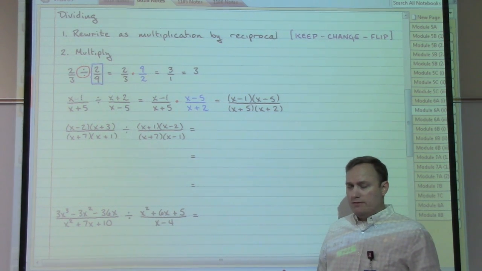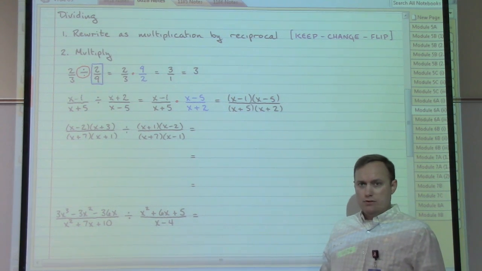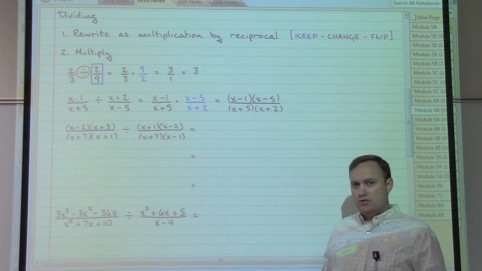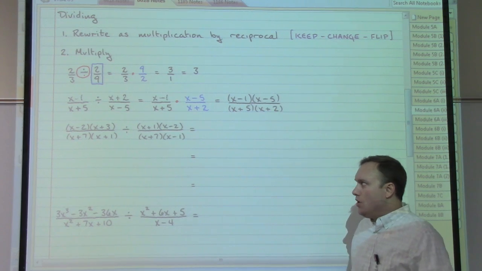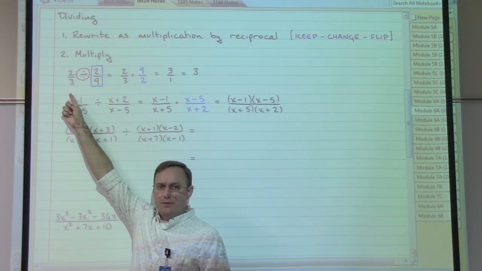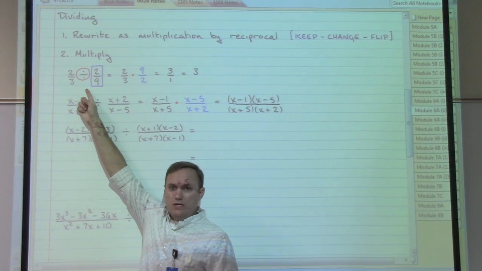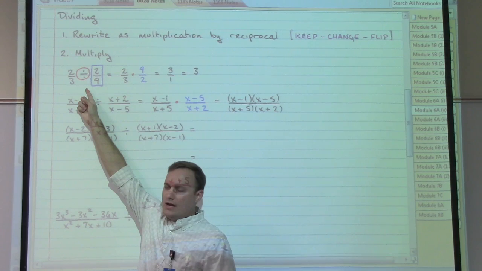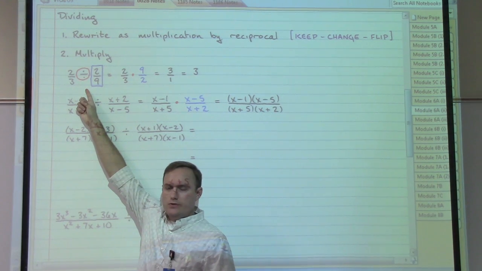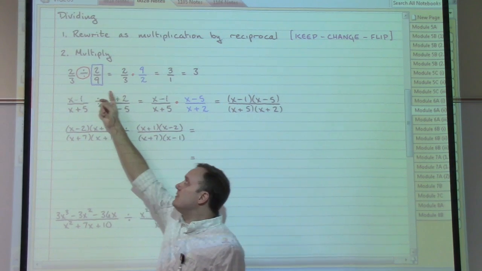And we said that we could very simply state that part of the procedure as keep, change, flip. Referring to the first fraction, we keep that. The division would be changed, and the only logical thing to change it into would be multiplication. And the second fraction would be flipped.